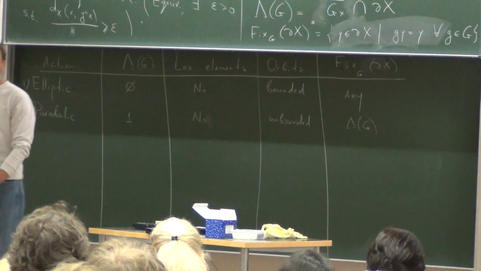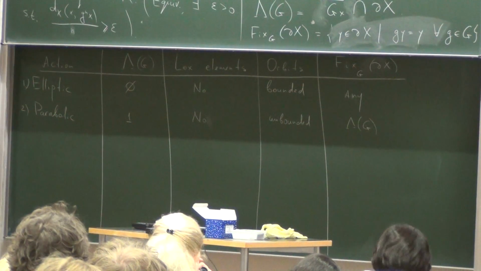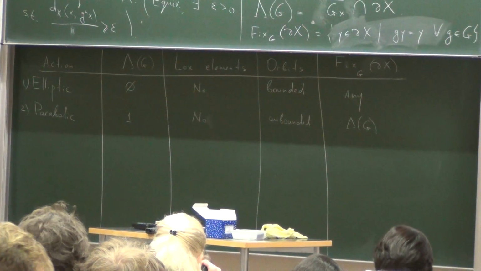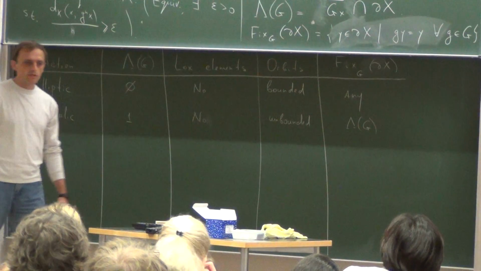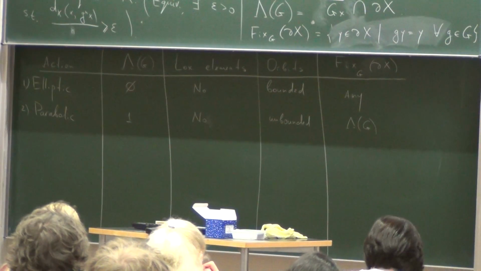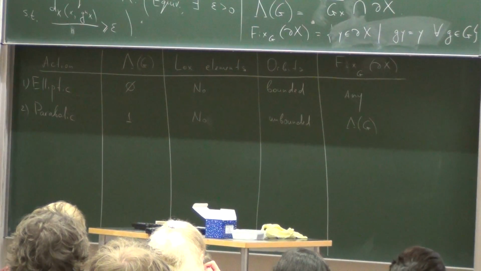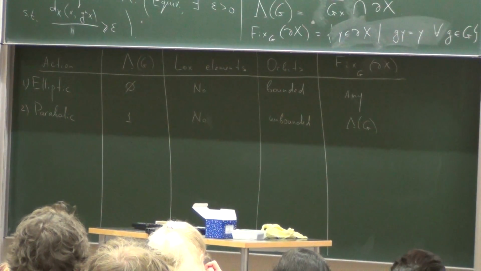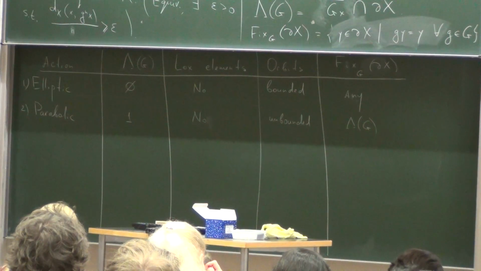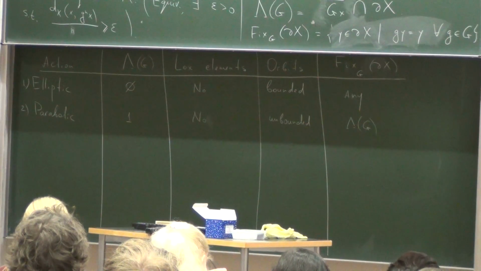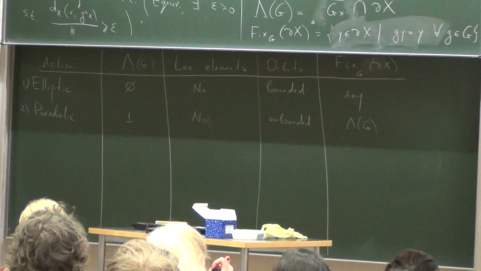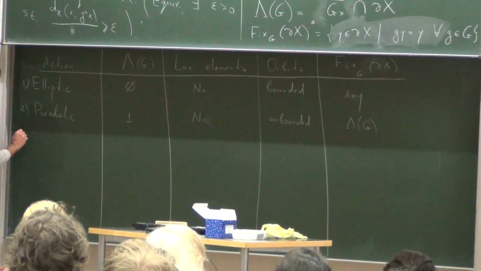So every finitely generated or even every countable group admits a proper parabolic action on a hyperbolic space. Exercise. Parabolic actions are abundant if you just request the existence of some action with unbounded orbits on a hyperbolic space. It's not going to restrict your class of groups.